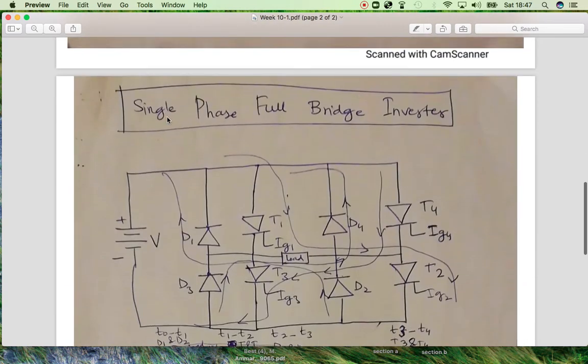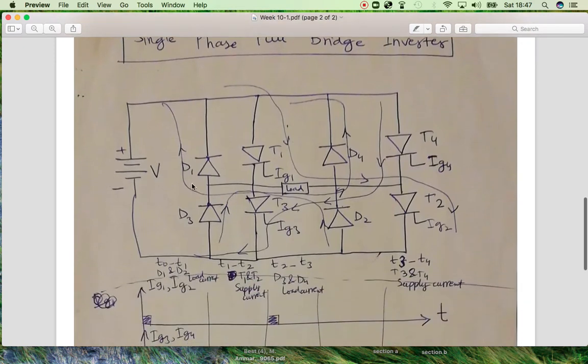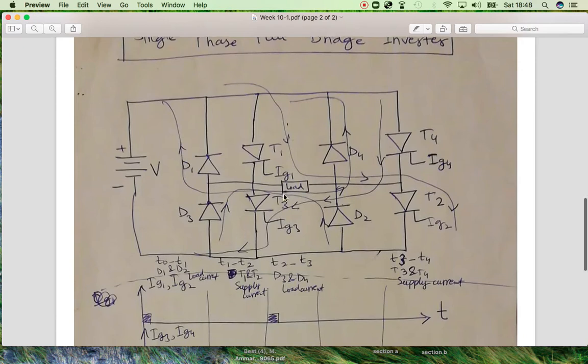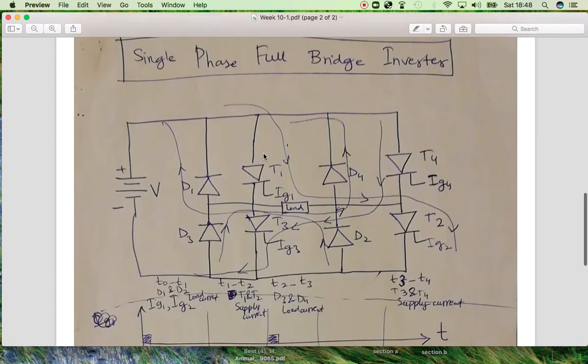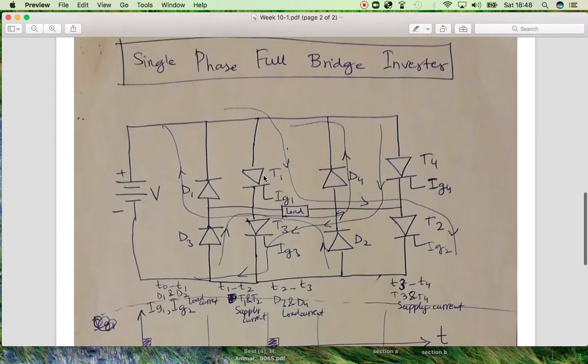Now we can see the single phase full bridge inverter, in which we have a voltage source over here, we have 4 diodes present, and we have 4 thyristors, the thyristors T1, T2, T3, T4, and the diodes D1, D2, D3 and D4. So in this full bridge inverter we turn on only 2 thyristors at a time and turn off 2 thyristors at a time.